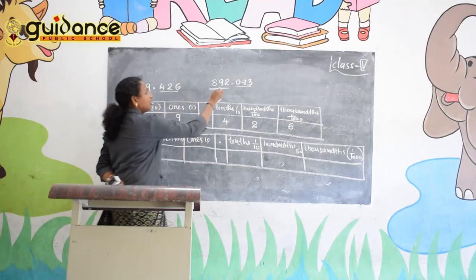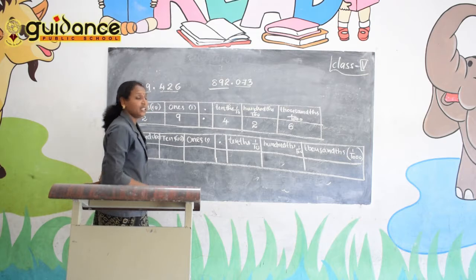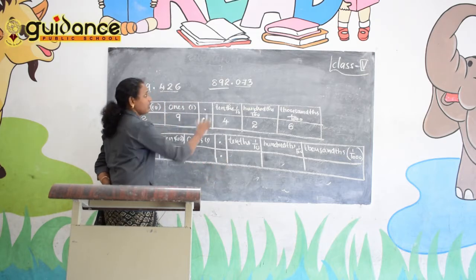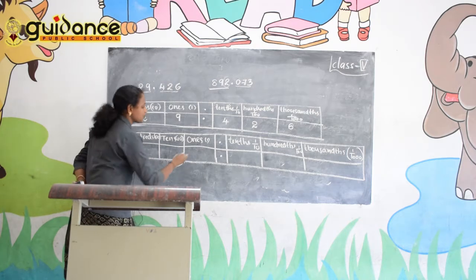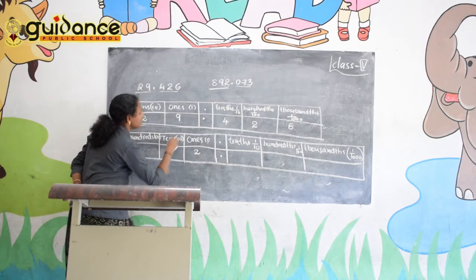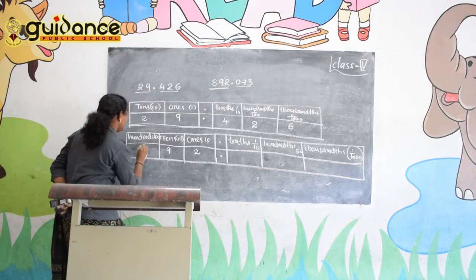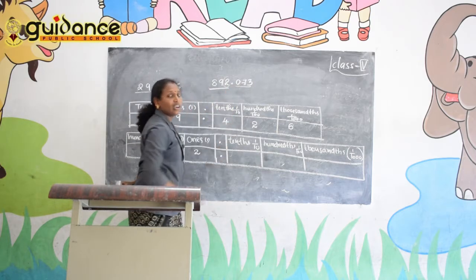The next we will represent the number. First we have to represent the decimal point at the bottom. Then write 2 in the ones place. Very careful, ones place. This is 2 and 9 is in the tens. 8 is in the hundreds. The next, be very careful about that.